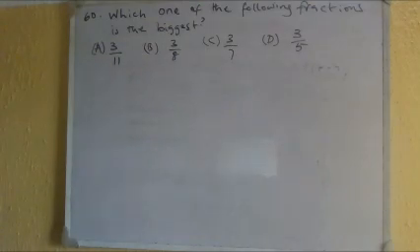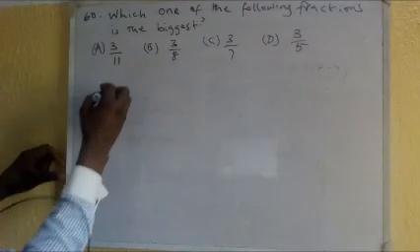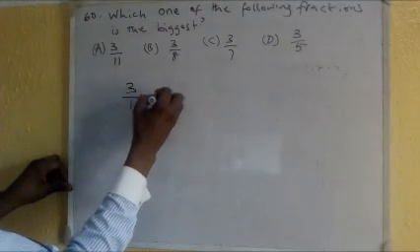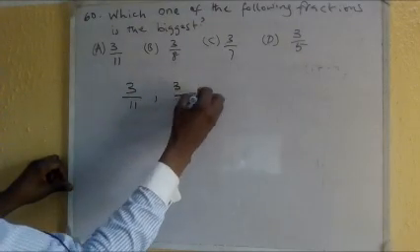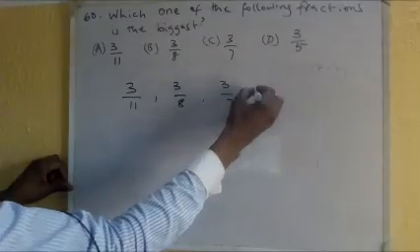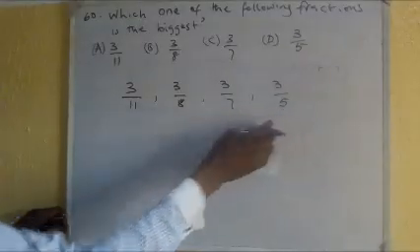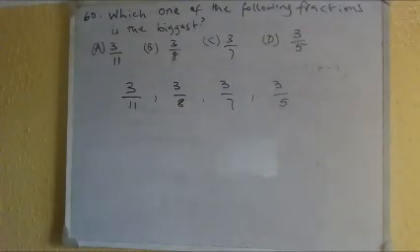So I'm going to write out all these fractions and compare them. I will say 3 over 11, 3 over 8, 3 over 7, and 3 over 5. The best way to compare these is by ensuring that all the denominators are the same.